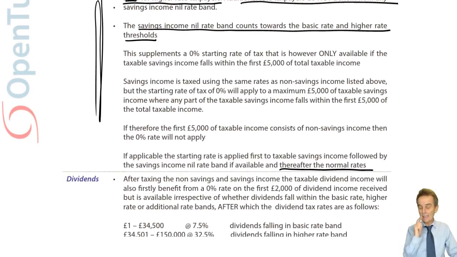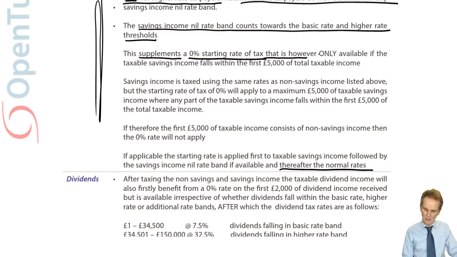Now, what makes this more challenging is that this, as this note says, supplements a 0% starting rate of tax that we've had for many, many years. It predates the introduction of this savings income nil rate band.